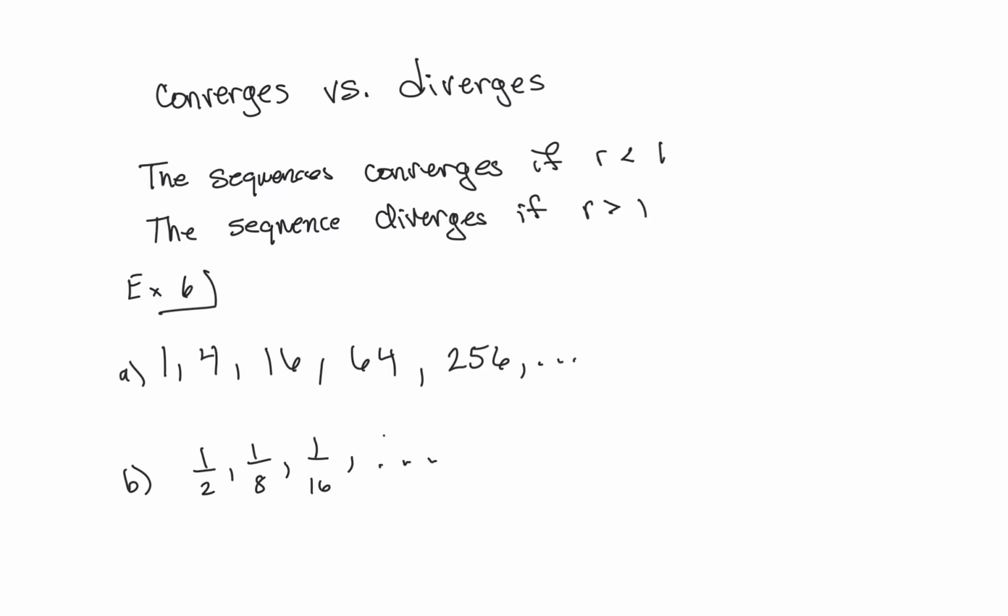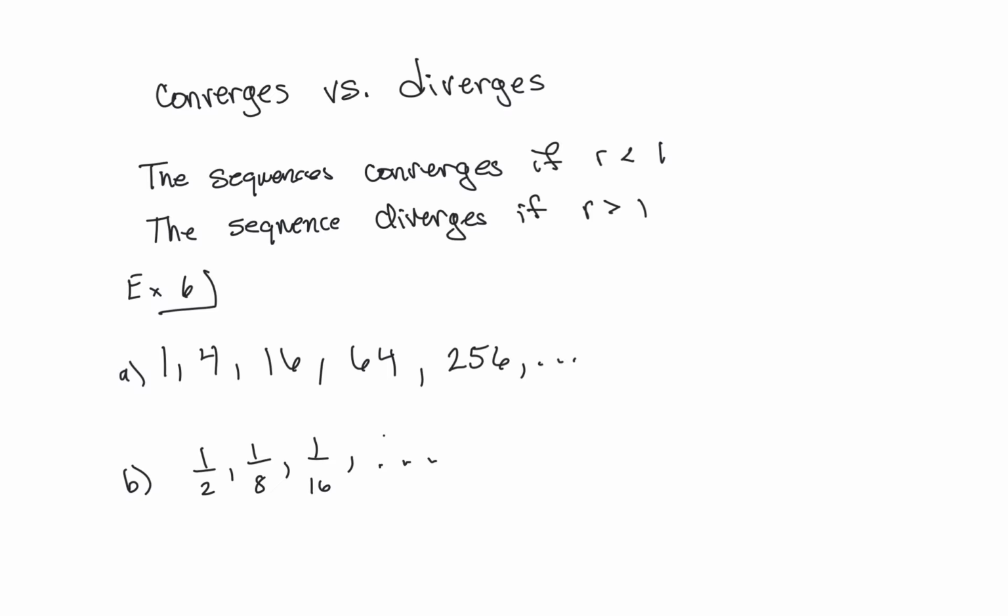What we mean by converges is that, for example, take the sequence in B, 1/2, 1/8, 1/16. This value doesn't continue to change forever. It's getting smaller and smaller, and eventually it will be so small it will be equivalent to basically 0. So we say it converges to one number eventually, and even though it continues on forever, the number you are looking at is basically the same number every time.